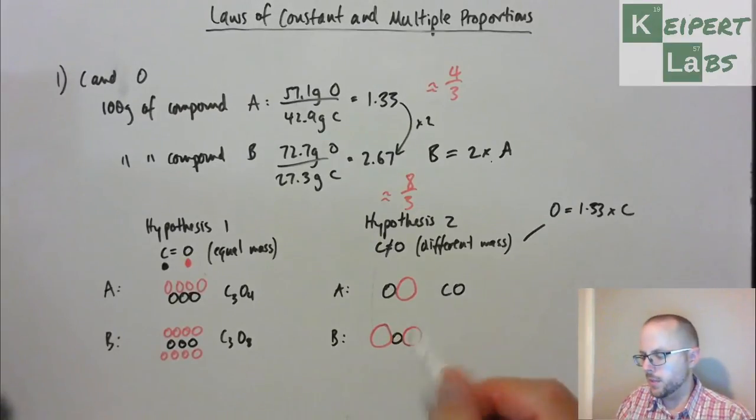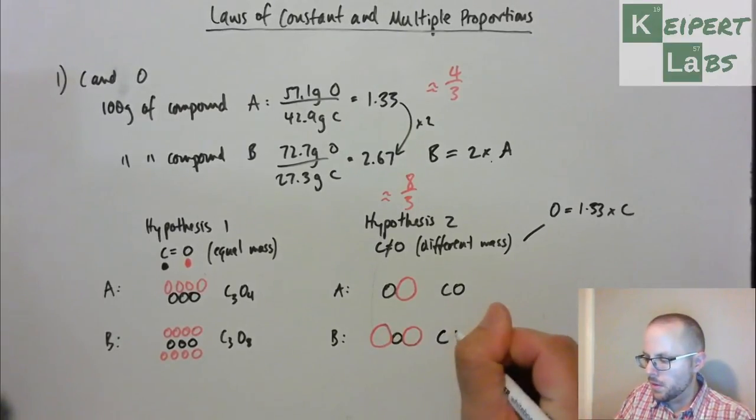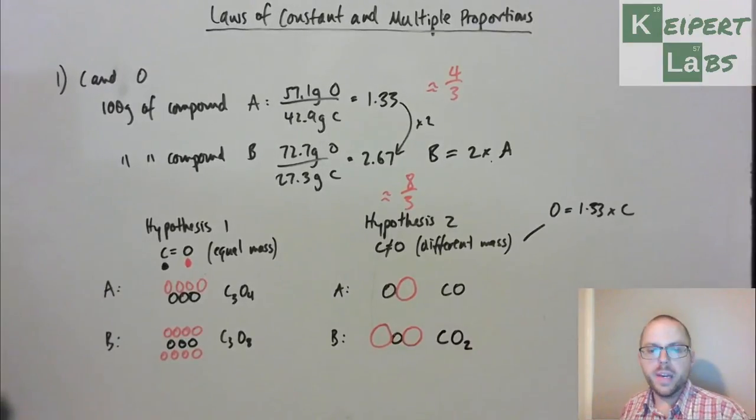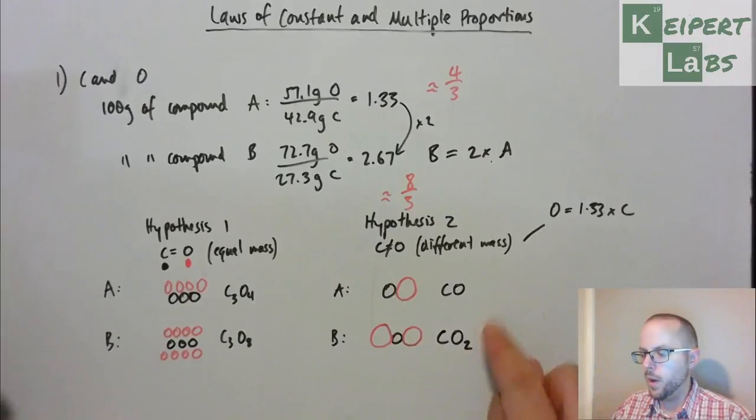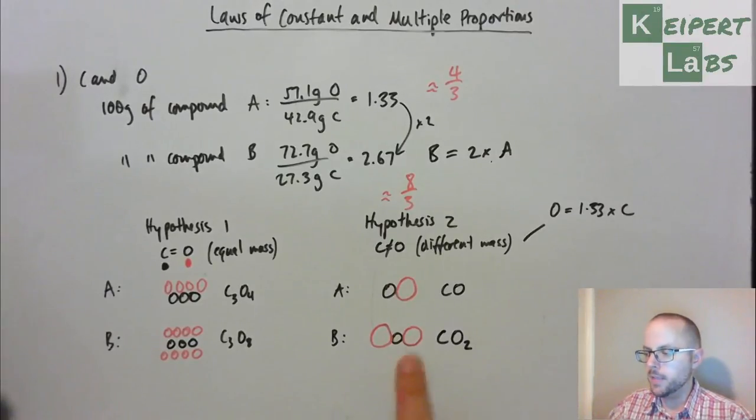Now they are supposed to be equal in size, don't shoot me. And that we have this formula. This would account for why our second compound has a greater mass of oxygen. The oxygen and carbon are different, but we now have two of them for every one carbon.